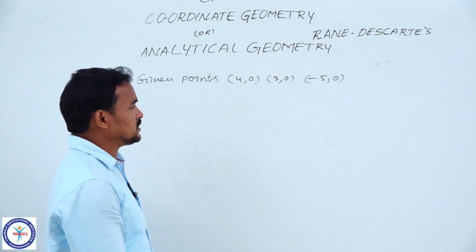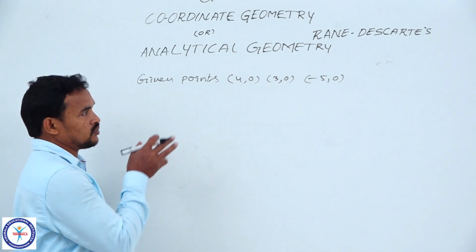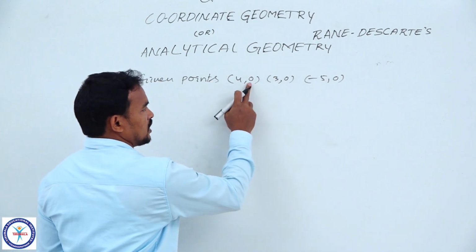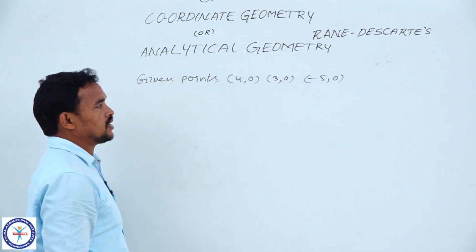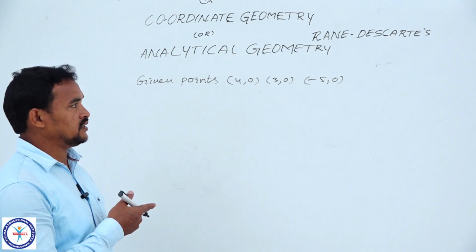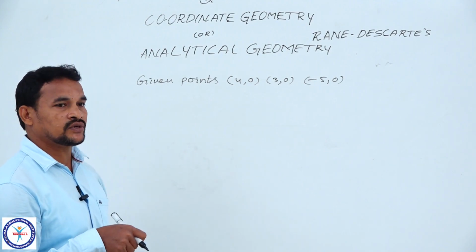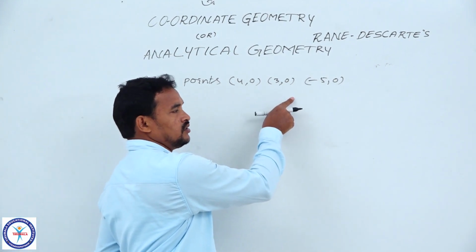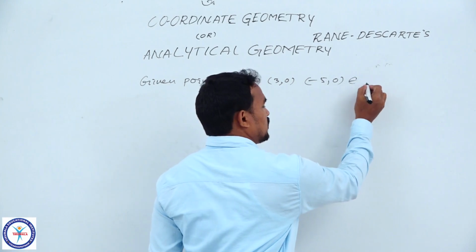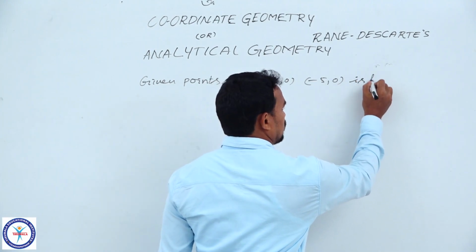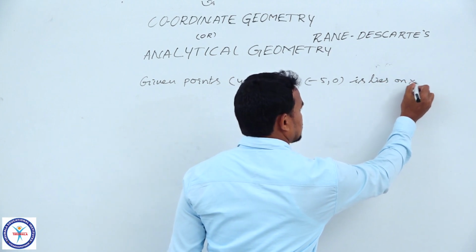Here what we observe, like this anytime will ask, in these 3 points Y values are equal to 0. On which axis is the Y value always equal to 0? On the X axis. So here 4 comma 0, 3 comma 0, minus 5 comma 0 lie on the X axis.